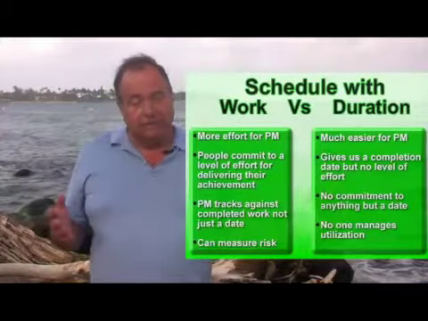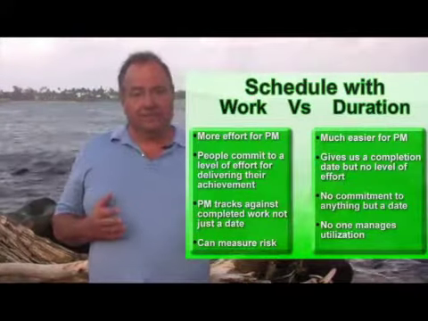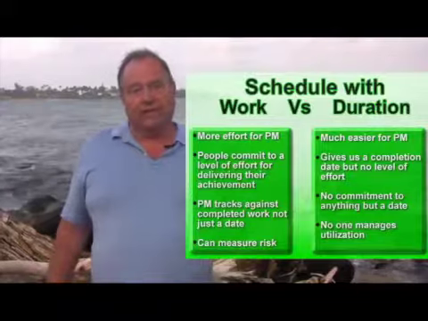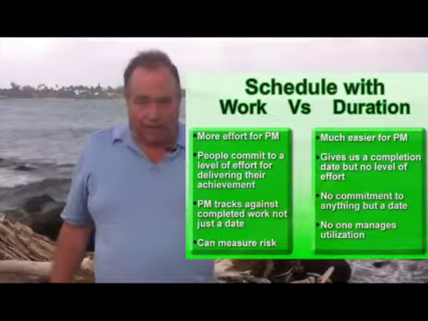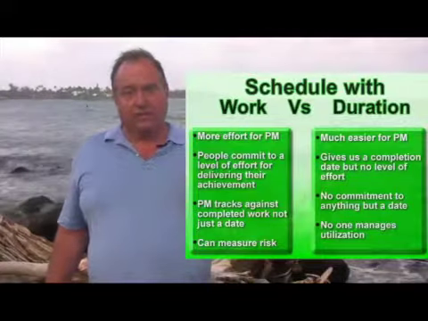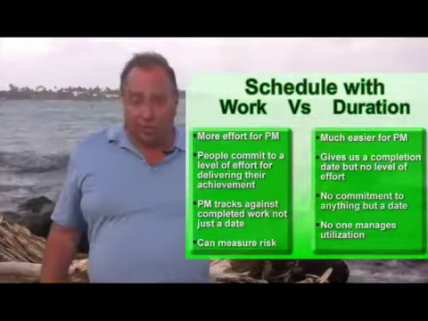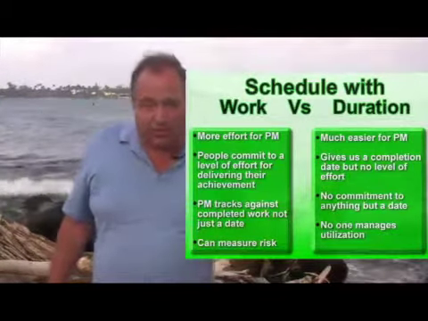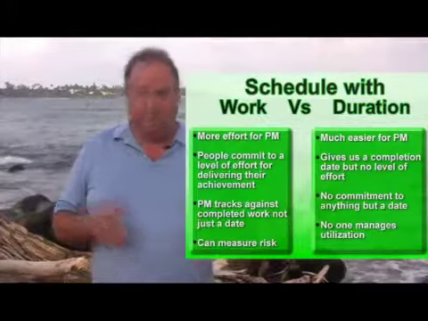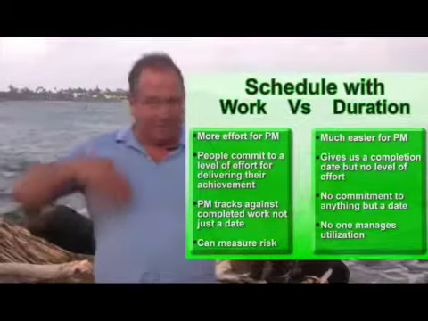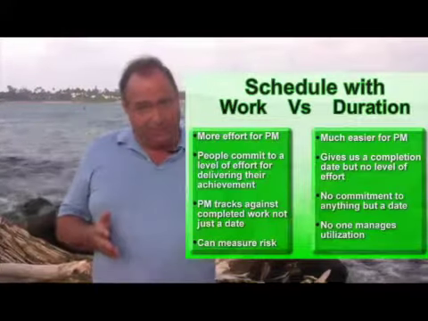Make sense? The other thing about using work is that we are clearly separating what we're holding our team member accountable for versus what's out of their control. How much time their boss lets them work on the project is out of their control. So we manage the work. There's a lot of science and statistics we can apply to those estimates.